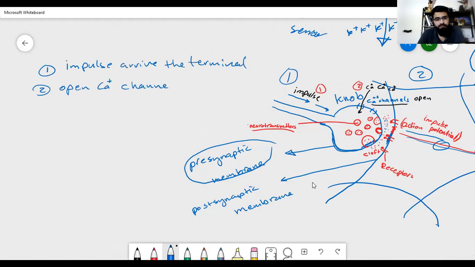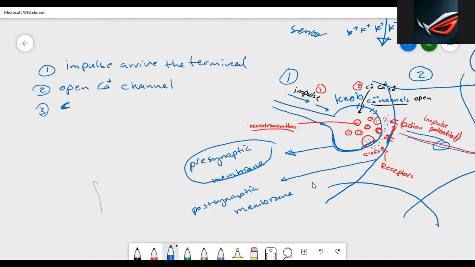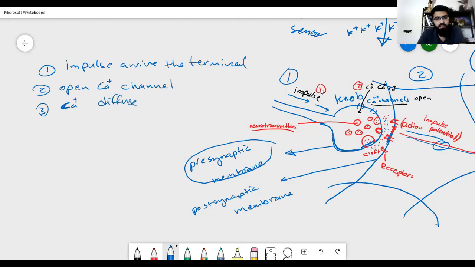Number three, the calcium, Ca2+, diffuses inside the knob. Number four, that helps what?